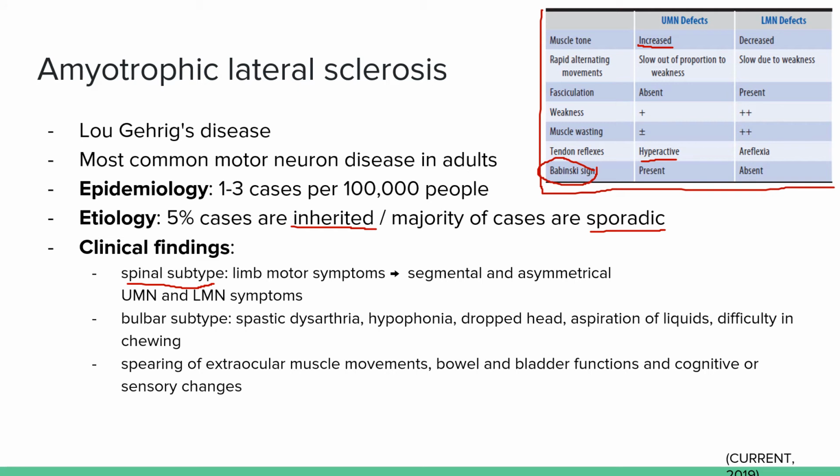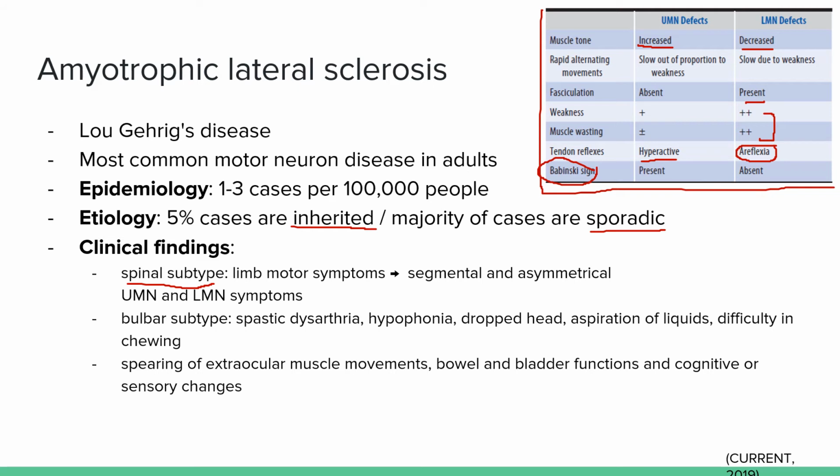In lower motor neuron syndrome, we expect decreased muscle tone, fasciculations, and muscle wasting and weakness are more present. Also, there can be areflexia, but the Babinski sign is absent. So in this disease, we expect to find both upper motor and lower motor syndromes in an asymmetrical and segmental pattern.